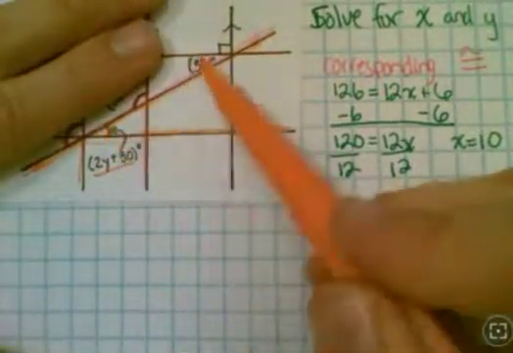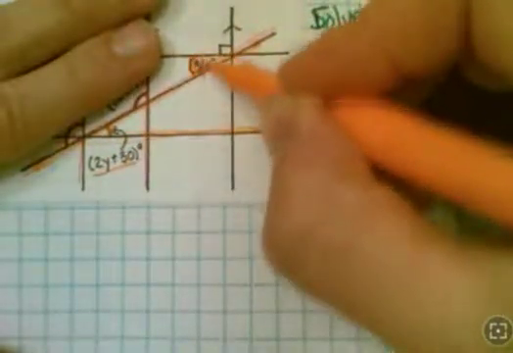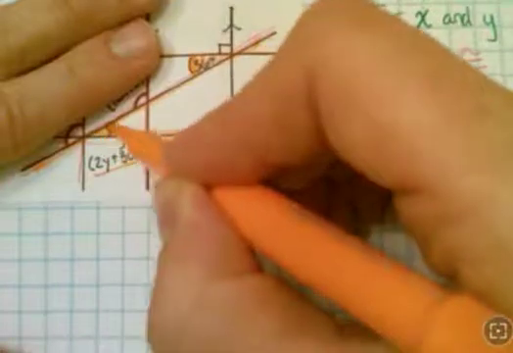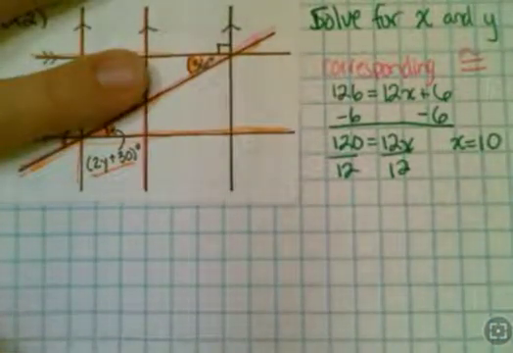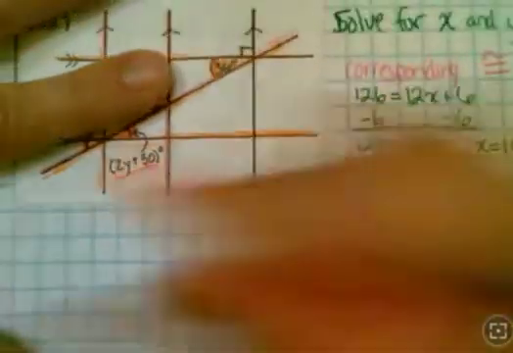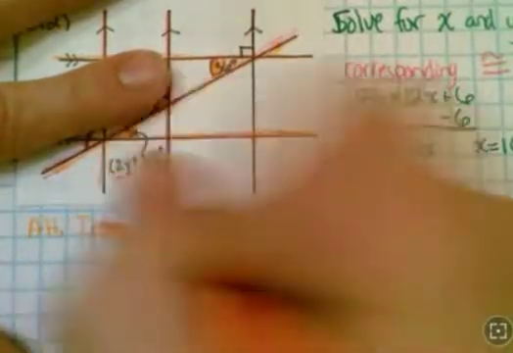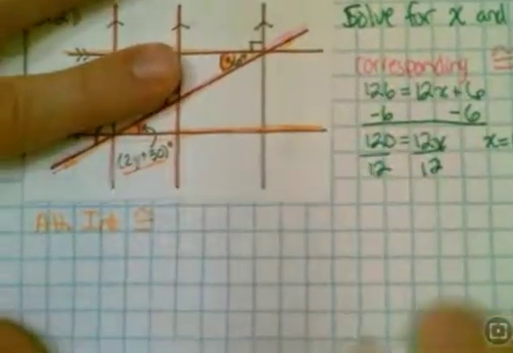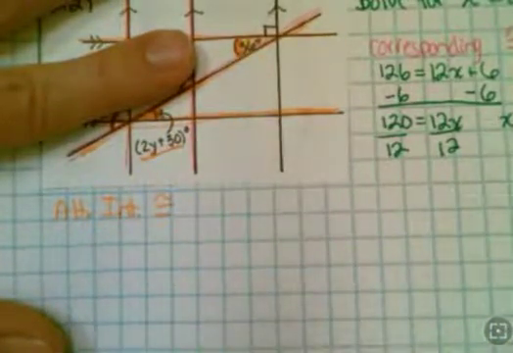These two lines, take a minute and see if you can figure out what the vocabulary word is that describes the relationship of those angles. So those guys are alternate interior angles, and alternate interior angles are also congruent, which means 2y plus 30 has to equal 36. They're congruent, and so we can set them equal.